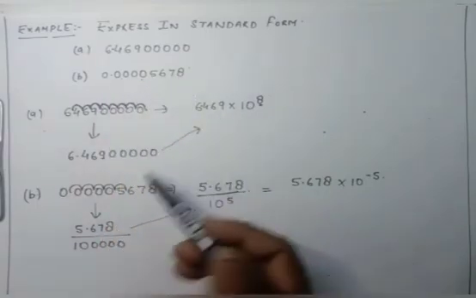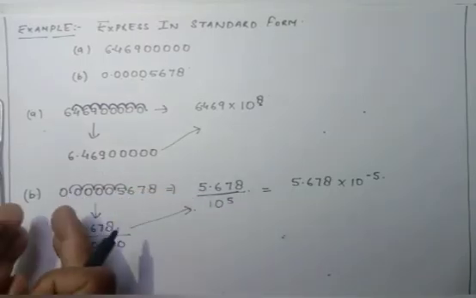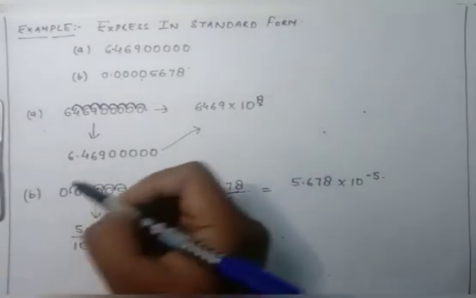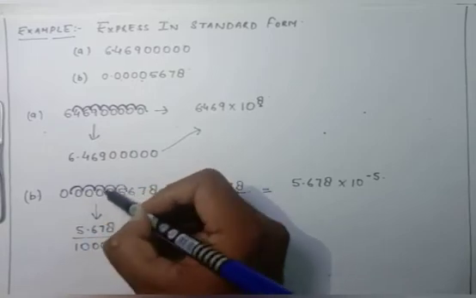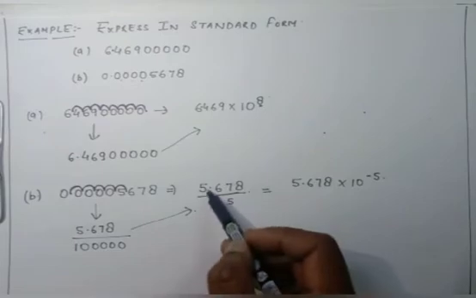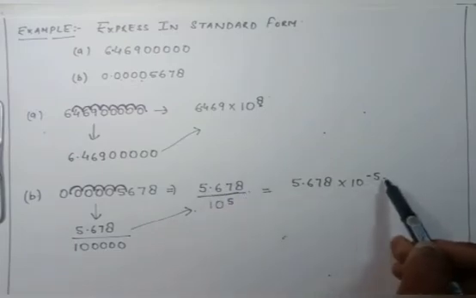0.000567. Now if the decimal point is over here, I am shifting the decimal point from left to right. So how many places have I shifted? 1, 2, 3, 4, 5. So it will be 5.67 into 10 to the power minus 5.